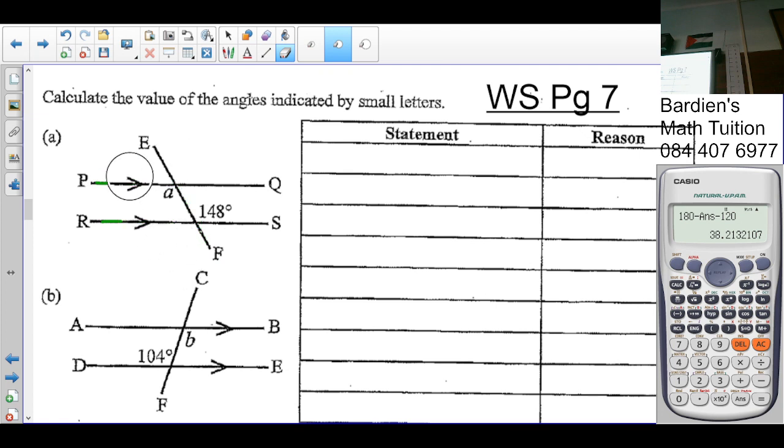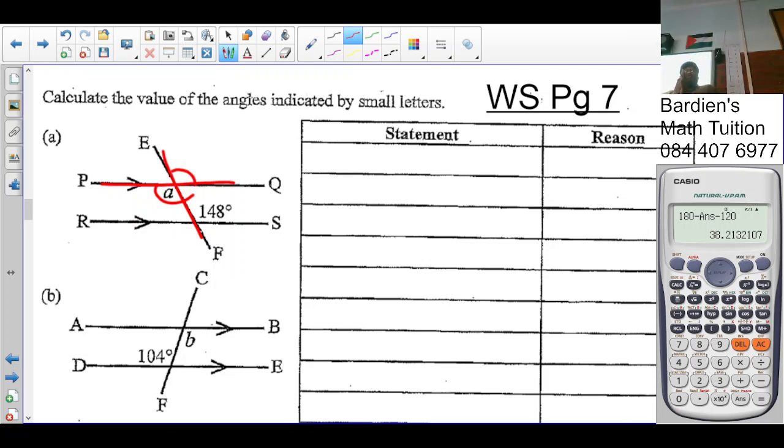Because of the information given in the diagram, it better suits Z than the F. Even here, there are angles on a straight line, but that's not going to help you solve A. Even here, there are angles around a point, which is 360, not going to help you solve A. There are even vertically opposite angles on there, but that's not going to help you solve A. You understand? So you must choose which theorem best suits the given diagram. You understand?